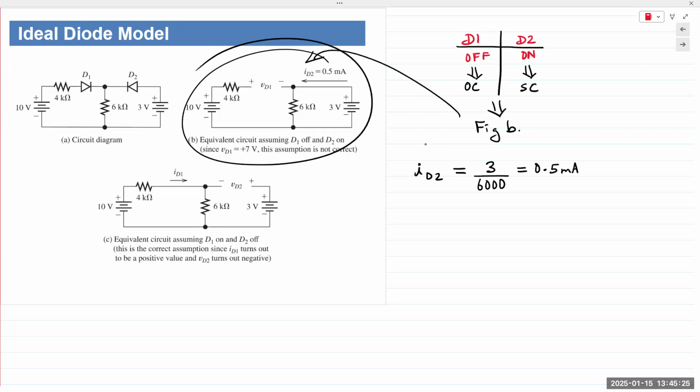But that's only half the analysis. Let's look at D1. We want to find the voltage across D1, so we need the voltage at the anode and the voltage at the cathode. What is the voltage at the anode for D1? There's no analysis required. It's an open circuit.